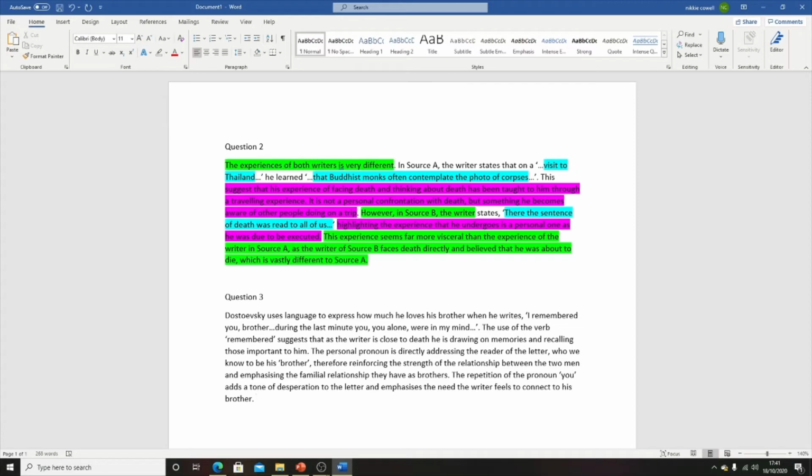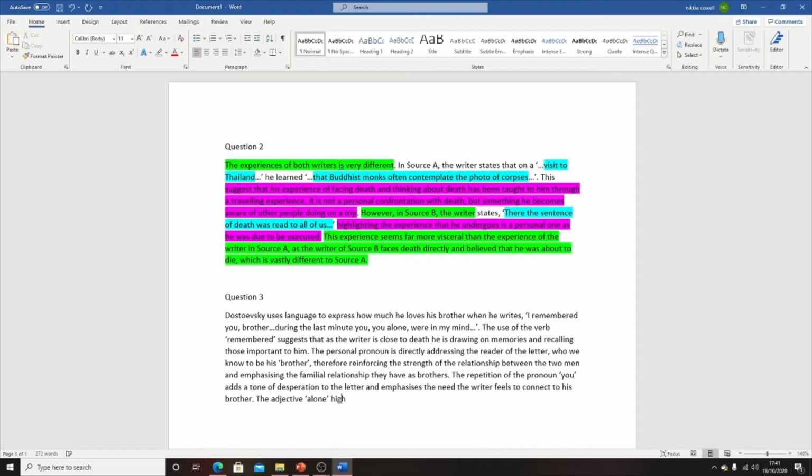So again, I'm going back, checking the quote to see what else I can pull out of it. The adjective "alone" to describe his brother, because there's "you alone." Adjective "alone" suggests or highlights, reinforces maybe. What have I used so far? So again, I will check what I'm writing. Suggests, I've said suggests, I've said reinforcing.